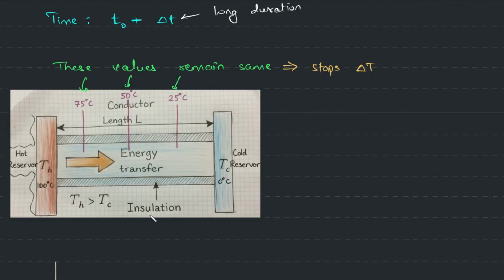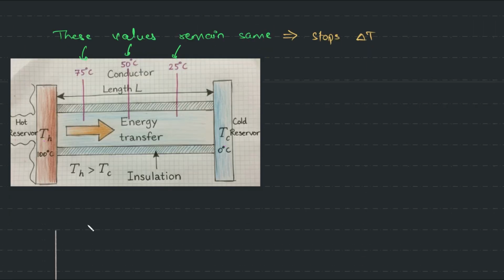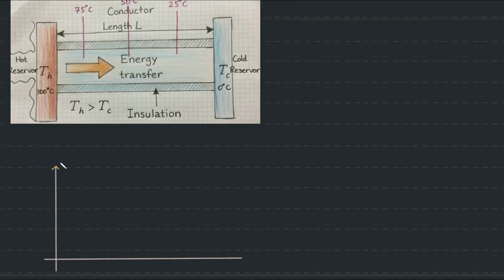Next, if I take each value and plot it against distance, a temperature-distance graph, starting from 100 degrees Celsius at this end to 0 at the other, the graph would look like this, guys.